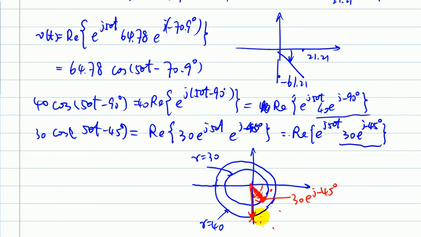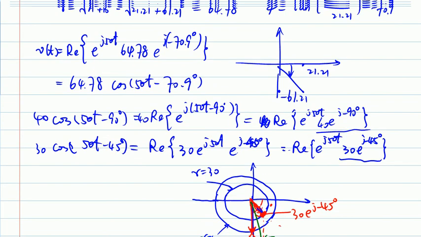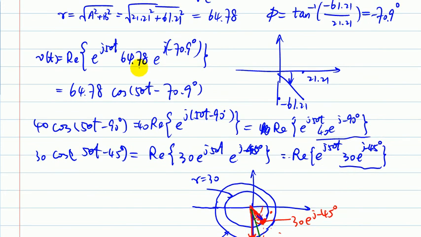Using the parallelogram, the new vector is here. That is basically what you get at the top for the phasor here.